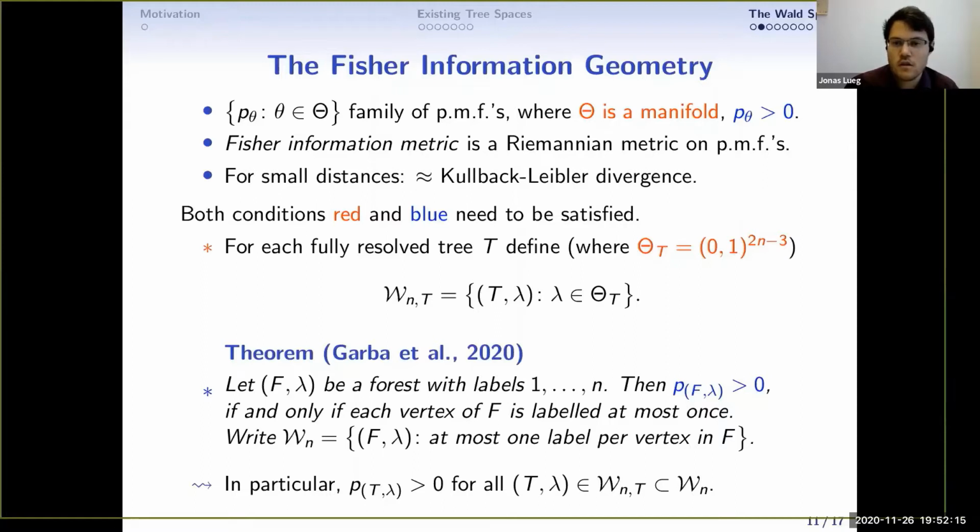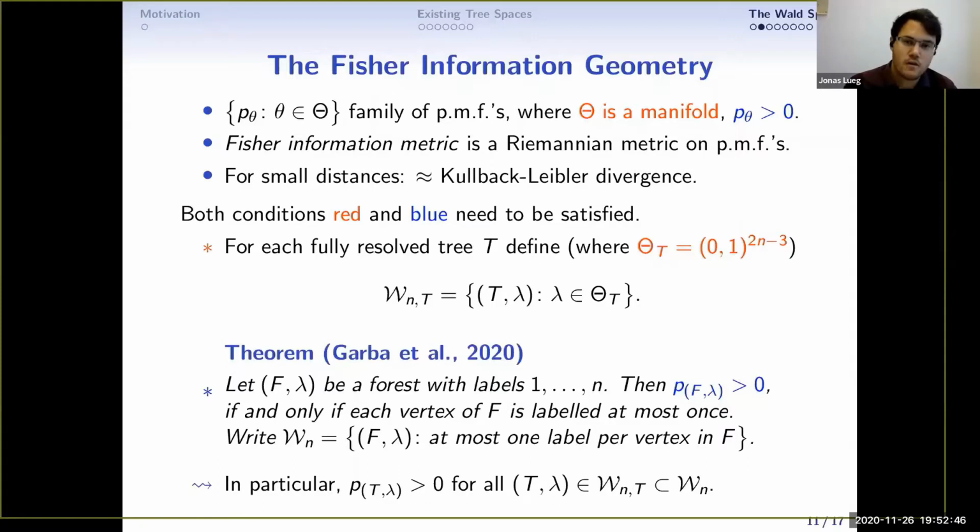So it's just a 2n minus 3 dimensional open set in R^(2n-3). So it's a manifold. And we define the set W_{n,T} to be all the trees with a fixed fully resolved tree topology, but with all possible edge weights lambda. Okay, so then we have restricted our parameter space, and that's then a manifold.